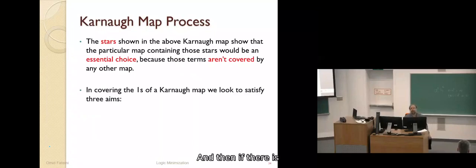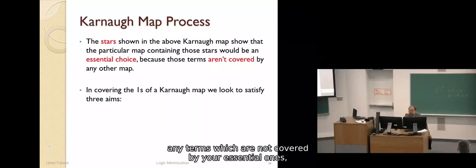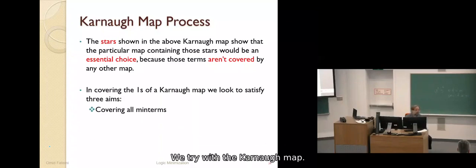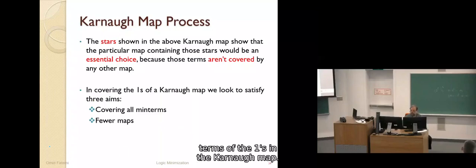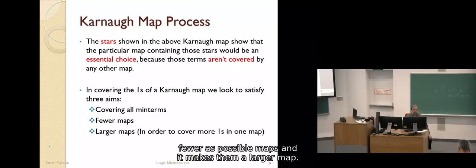Then if there are any terms which are not covered by your essential ones, you have to select other prime implicants. With the Carnot map, we try to cover all of the min terms, all of the ones in the Carnot map, and combine them to make as few groups as possible, making them a larger group.